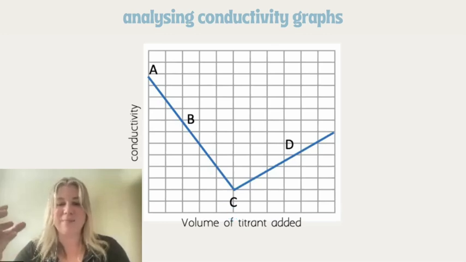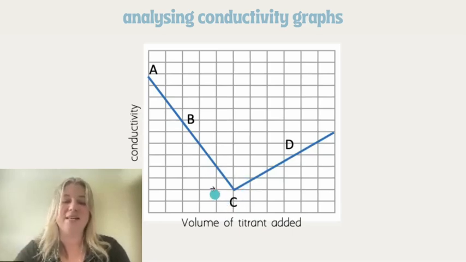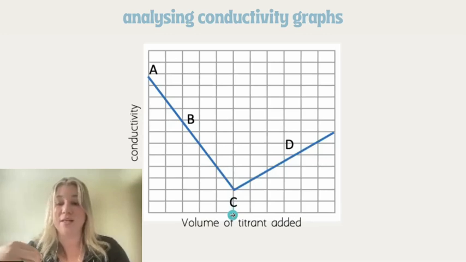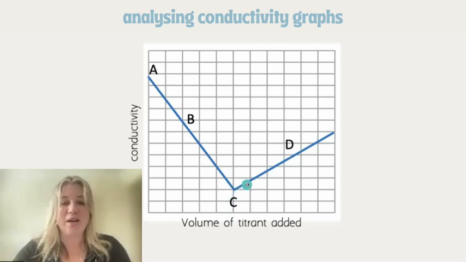Rather than seeing an endpoint with a color change, we see that drastic change in the conductivity, and that gives us our equivalence point. Then as we continue to titrate, we end up with more ions back in the solution, and that means our conductivity is going to increase up here where D is.